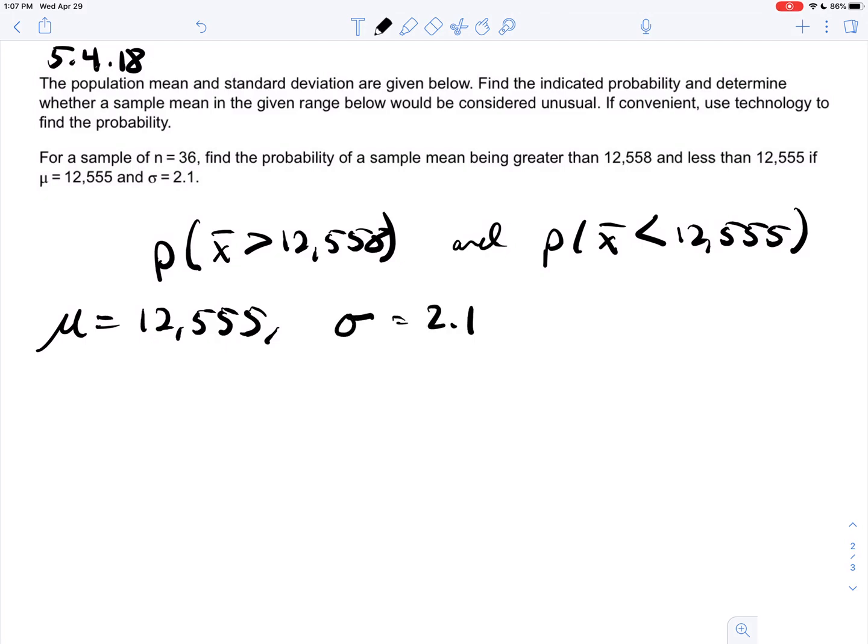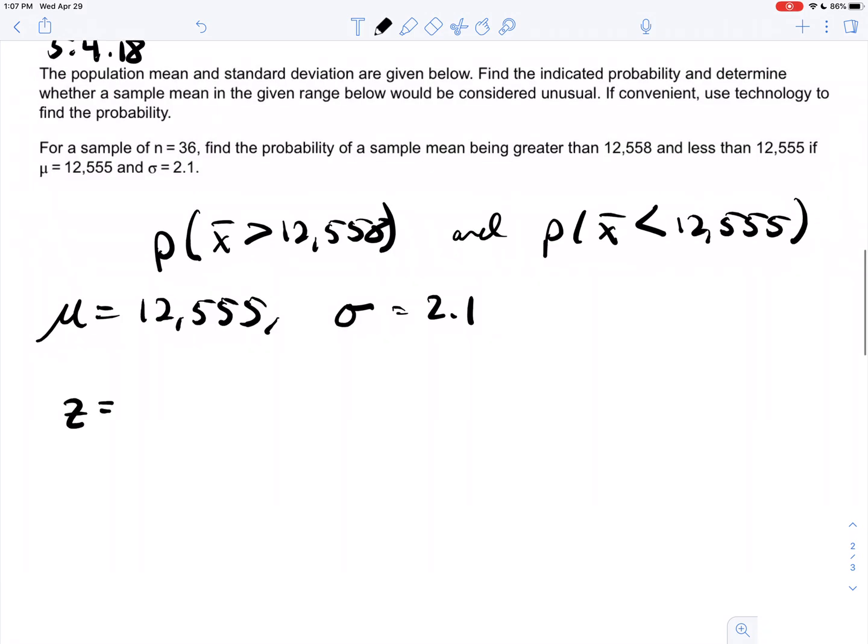Because n is 36, notice that n is larger than 30, so we can use a normal distribution to approximate it. If we want a z-score, that's going to be x bar minus mu divided by sigma.